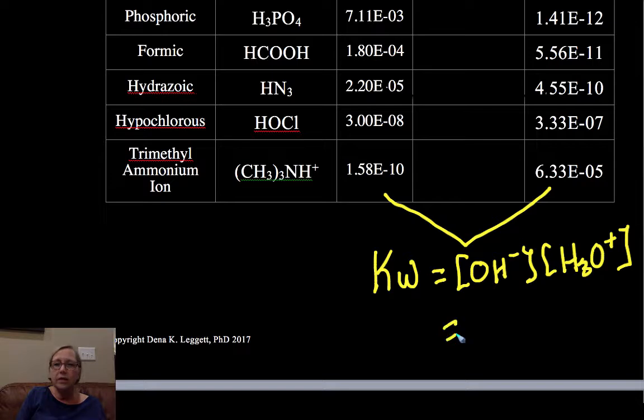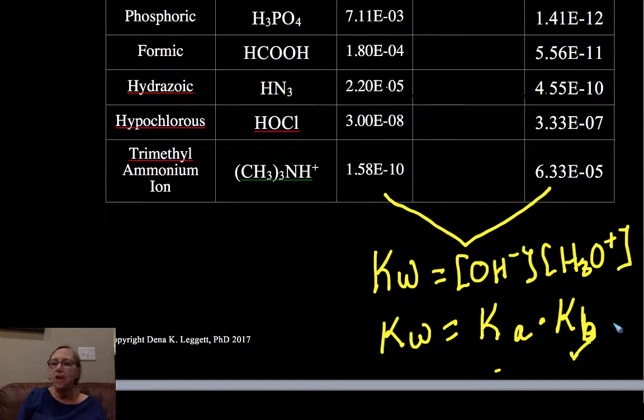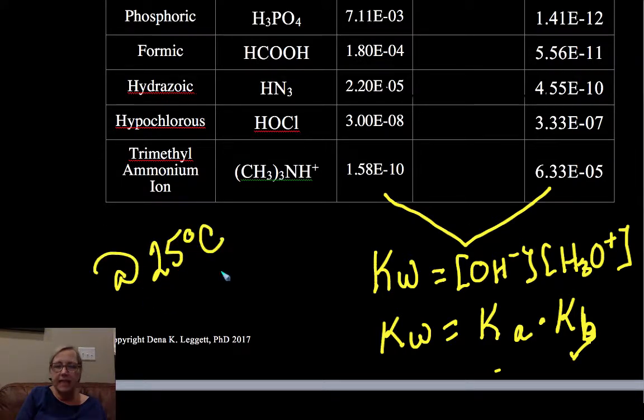Well, it is also equal to the Ka times Kb. So if you know an acid dissociation constant, you can always get its conjugate base dissociation constant and vice versa. If we are at 25 degrees Celsius, Kw is 1 times 10 to the minus 14th. So that's how you can go back and forth between a Ka and a Kb. If you know one, you can always get to the other.